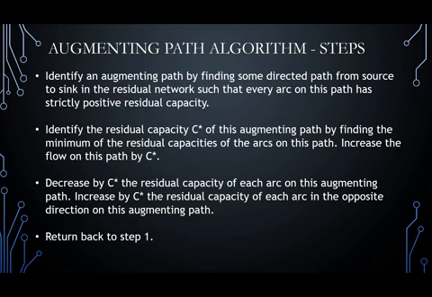Identify the residual capacity C star of this augmenting path, by finding the minimum of the residual capacities of the arcs on this path.